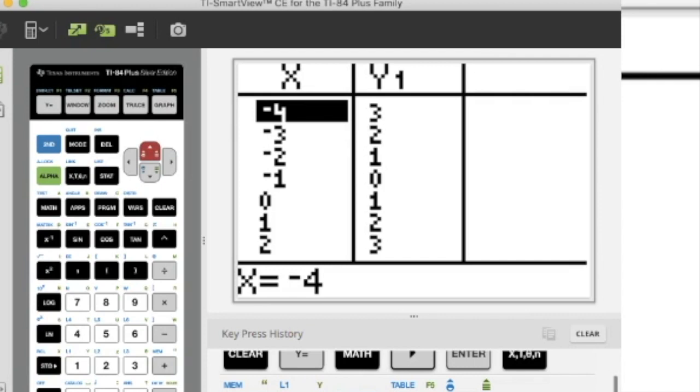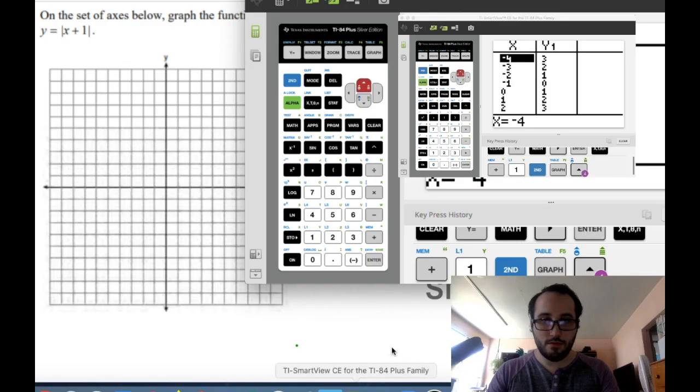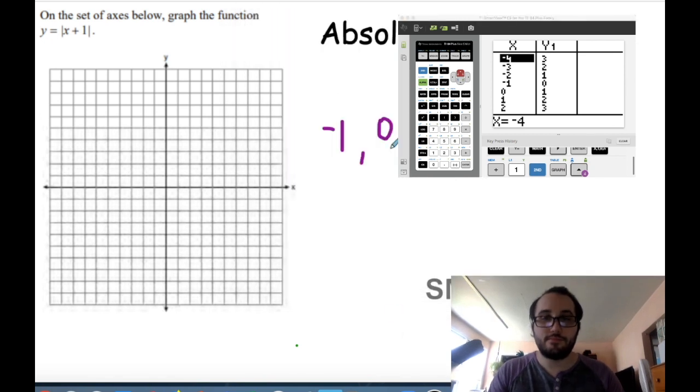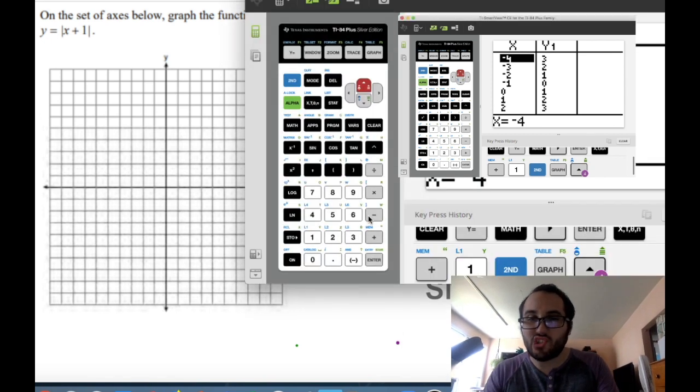Then I'm going to choose just any 2 other points to the left and to the right so that I can connect. So I'm going to use -1, 0. And I'm going to do, let's say, -3, 2. And let's just do 1, 2.